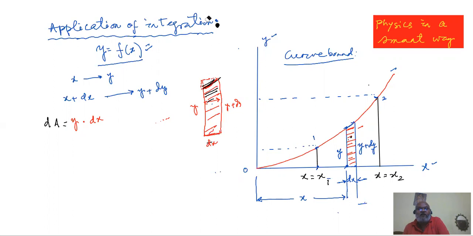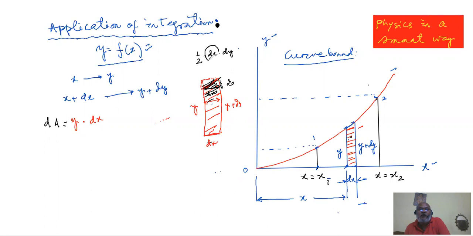But we know that thing that we have missed here is very, very, very small. If somebody considers this as a triangle, with a height dy and the base dx, then the area will be half dx into dy, half base into altitude.